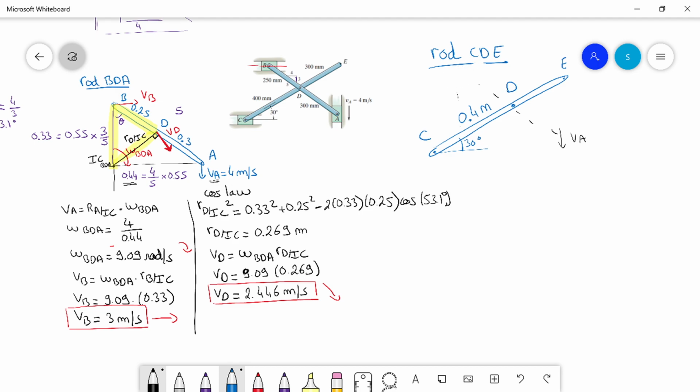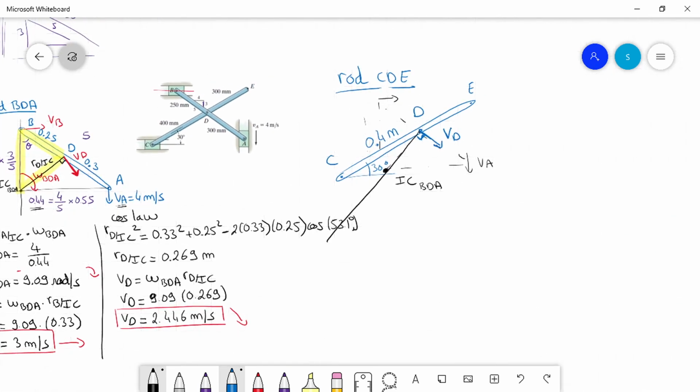So we put the VA a little bit more to the right, the VB a little bit more to the right, and the VA there. So that was the IC of the previous bar, the IC of BDA. With the IC of BDA, I can redraw VD that I know. That's the VD that we know, perpendicular to this IC line. So I know that the IC of the CDE will also be on this line there.